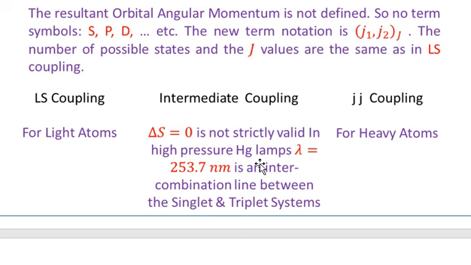In a higher pressure mercury lamp, for example, lambda equal to 253.7 nanometer is an intermediate combination line between the singlet and triplet states. So you can see that the transition between triplet and singlet is possible for this high pressure mercury lamp, which gives you the 253.7 nanometer wavelength. Here delta S equal to 0 is not strictly applicable, that's why the triplet to singlet transition is possible, and this may fall in the intermediate coupling range.